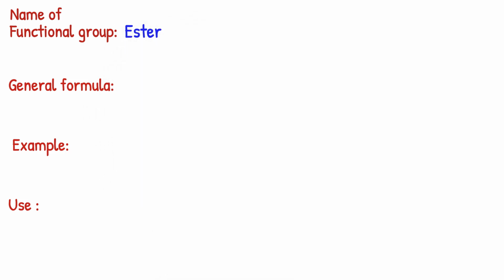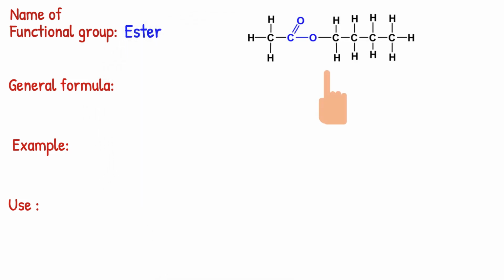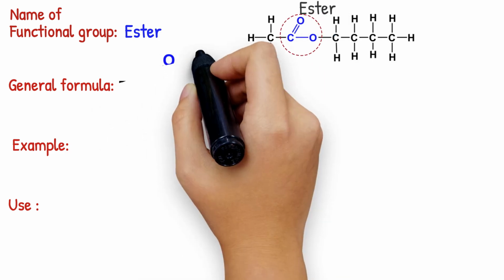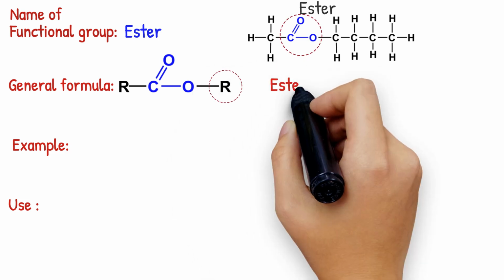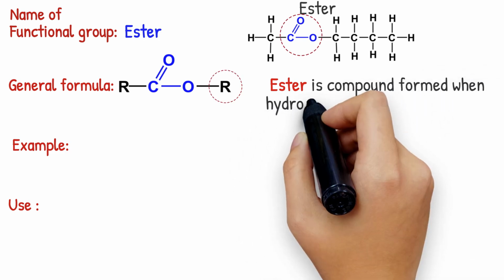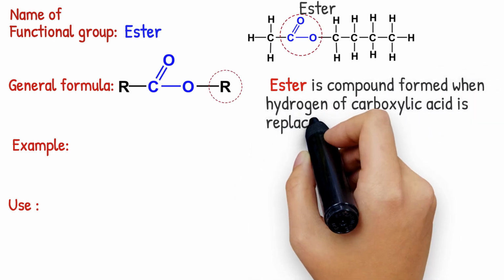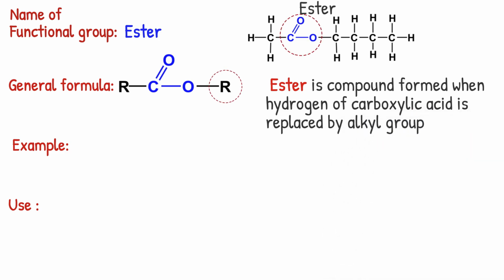Ester functional group. Consider the following example. This is an ester. This part is ester functional group. The general formula of esters is compound formed when hydrogen of carboxylic acid is replaced by alkyl group. Ester is compound formed when hydrogen of carboxylic acid is replaced by alkyl group.